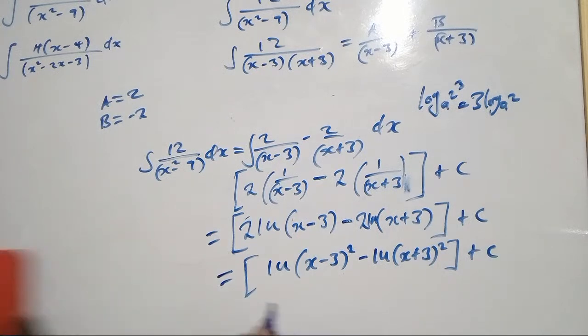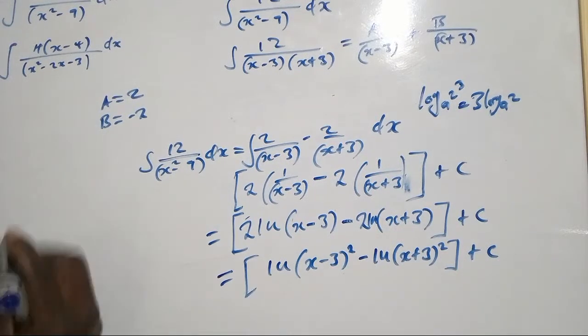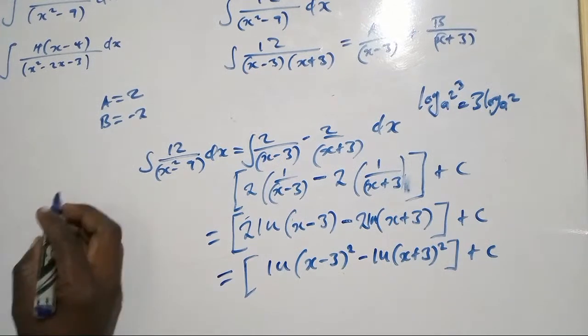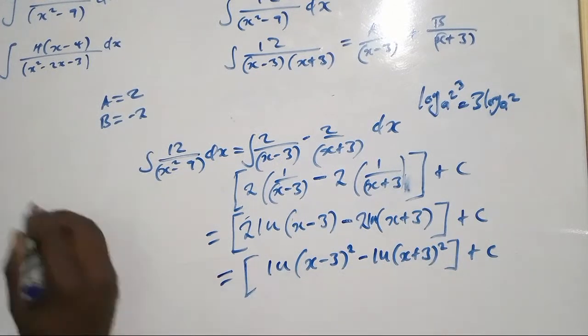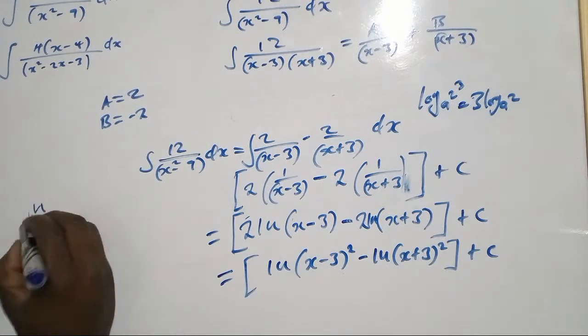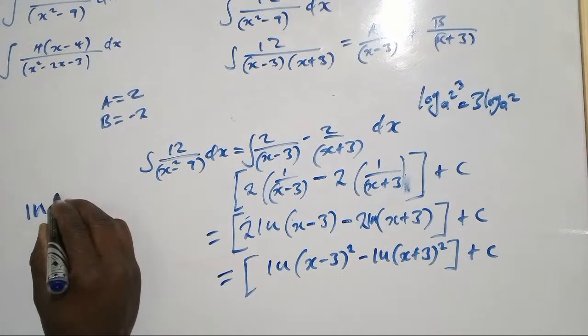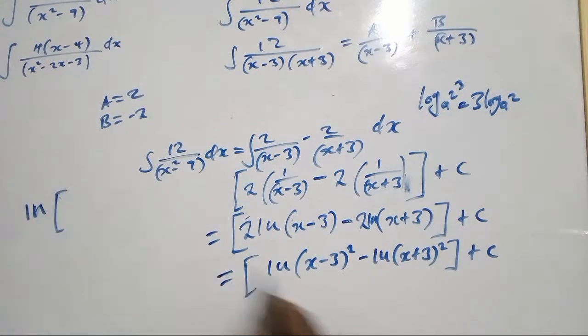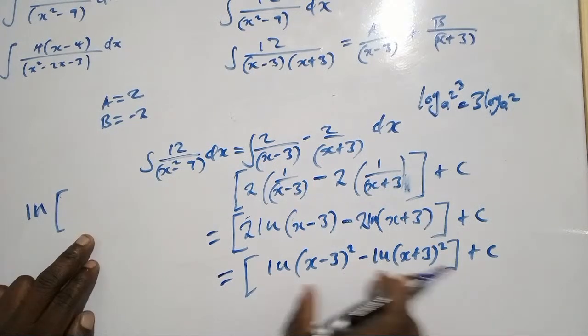Like I said, in logarithm, whenever you are having a negative here, that means you are dividing. So you're going to use only one natural log. This one will be divided by this one here.